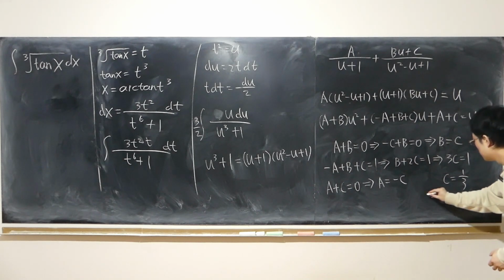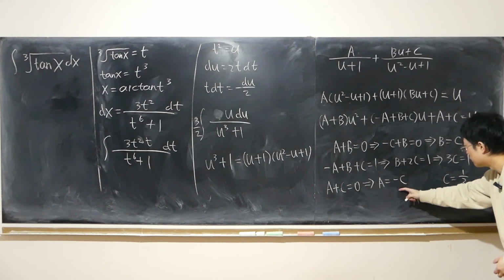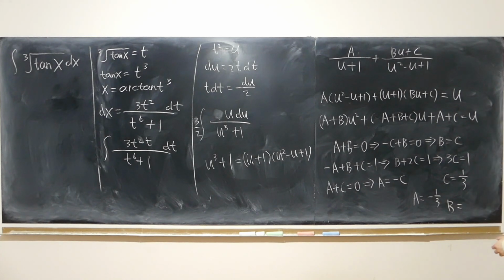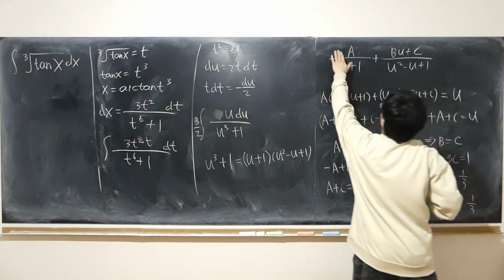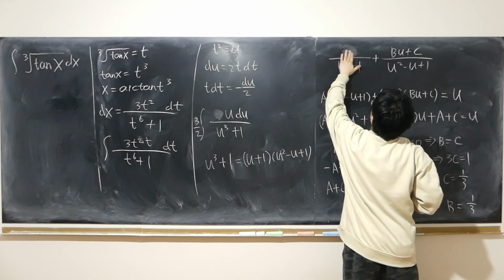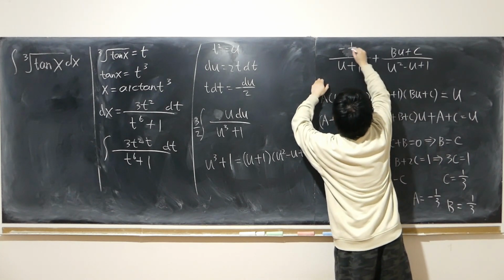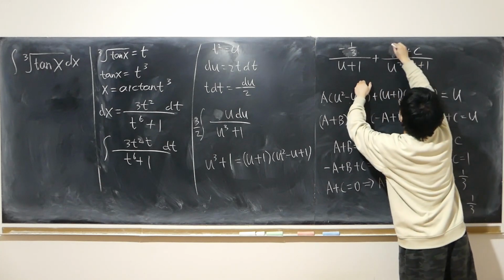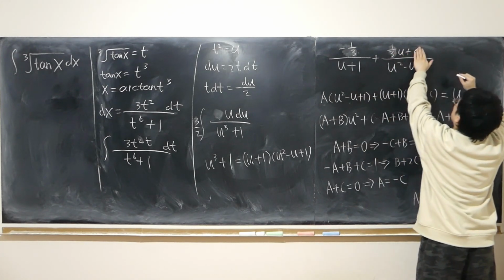So A is equal to negative 1/3, B is equal to C, 1/3. So A is negative 1/3, B is 1/3, C is 1/3.